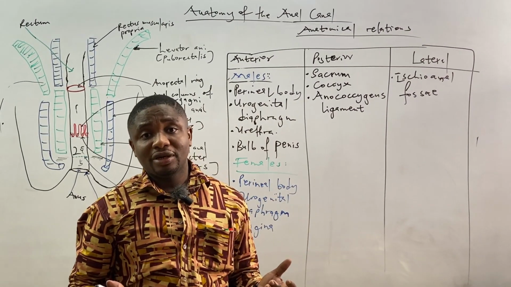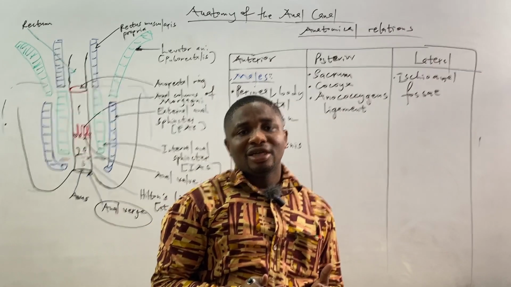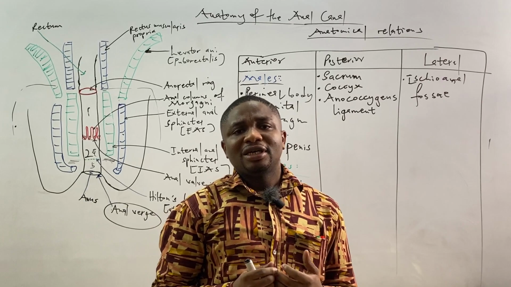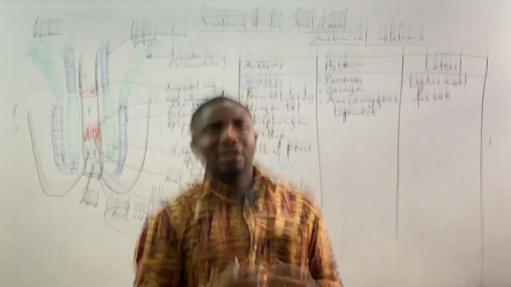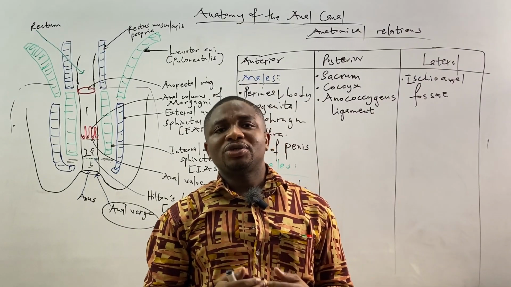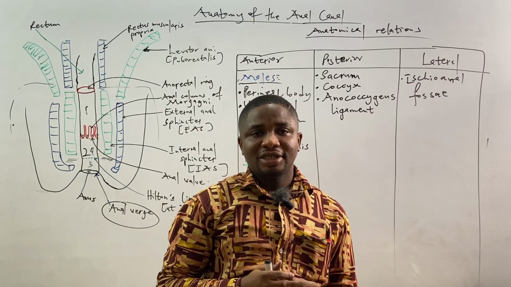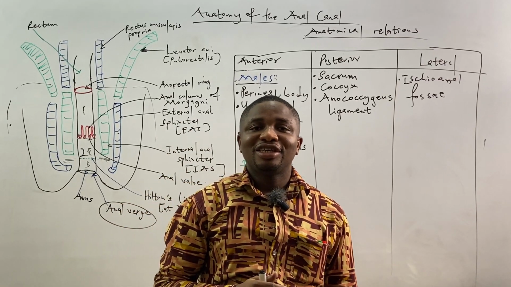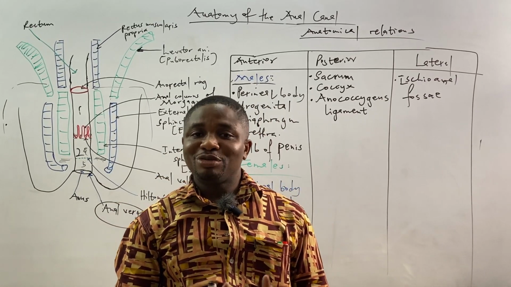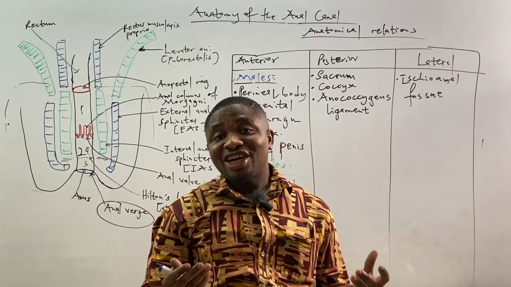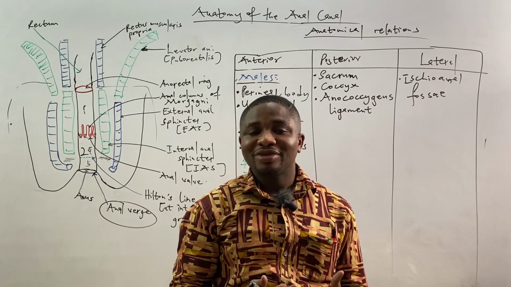Now, posteriorly, which structures do you have in relation to the anal canal? In the posterior aspect, you will see the coccyx, the sacrum, and also the anococcygeal ligament. Then laterally, what are you going to see? The ischioanal fossae.